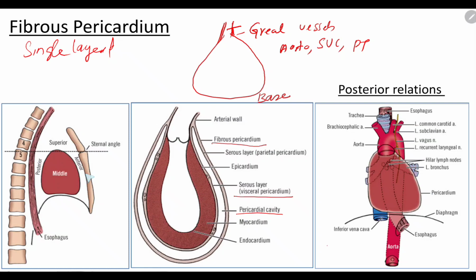Anteriorly, the anterior surface of the pericardium is related to the anterior mediastinum, where we have the superior and inferior sternopericardial ligaments. Posteriorly it is related to the principal bronchus, then we have the esophagus and descending thoracic aorta.